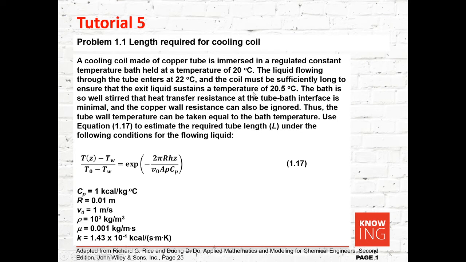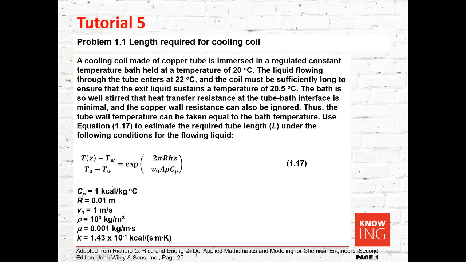The bath is so well stirred that the heat transfer resistance at the tube bath interface is minimal, and the copper wall resistance can also be ignored. Thus, the tube wall temperature can be taken equal to the bath temperature. Use equation 1.17 to estimate the required tube length under the following conditions for the flowing fluid.